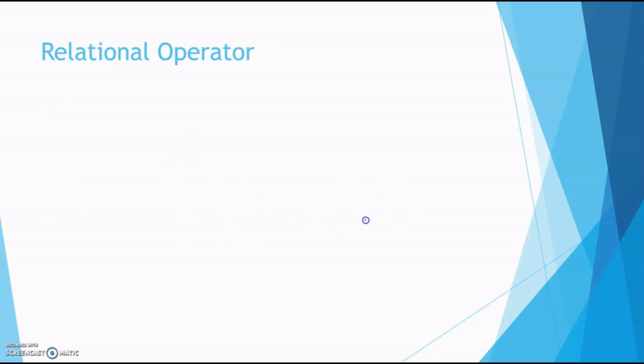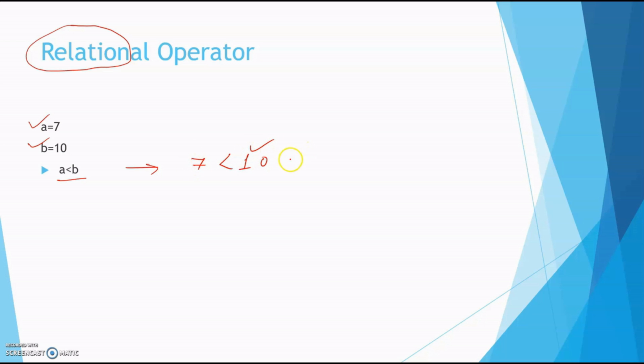Now come to the next operator, that is the relational operator. As the word says, relational, it shows the relation between two operands. If we talk about a less than b, here I am taking two values, a is equal to 7, b is equal to 10. That is the variable name, that is the literal value. It means we are comparing two values. The value of a is 7 and the value of b is 10. So it is true, 10 is always greater than 7.